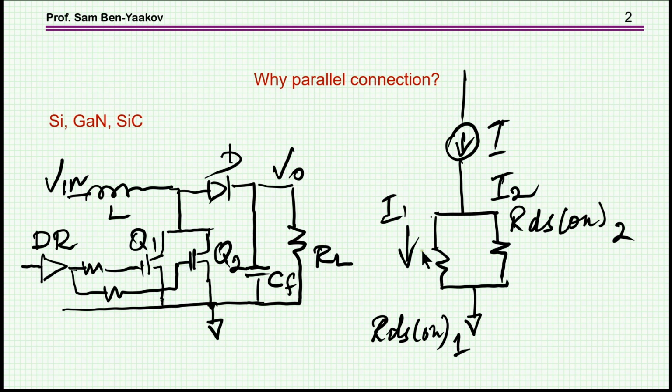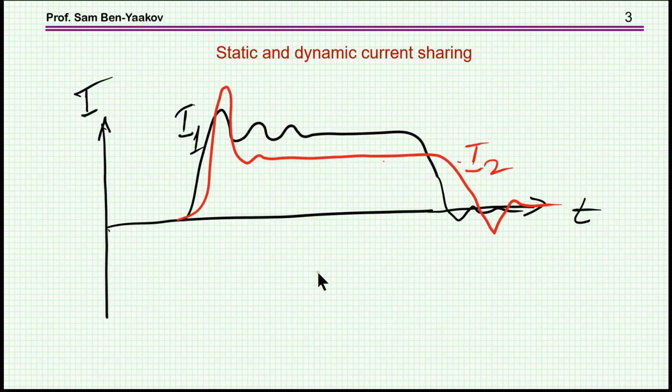For example, I'm showing here a boost converter with two transistors. While they are on, they are represented by a resistor, RDS(on), and the idea is that the current coming here while the transistors are on will be split, hopefully evenly, between these two elements.